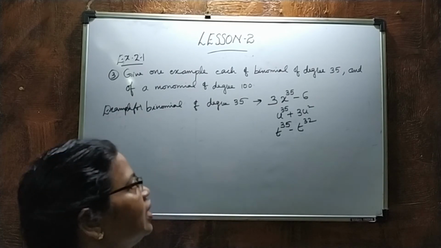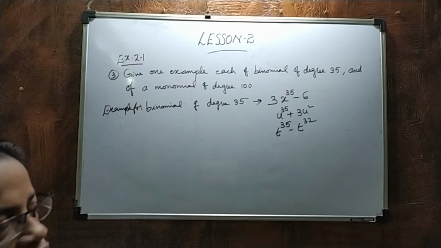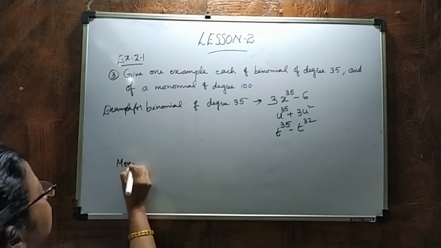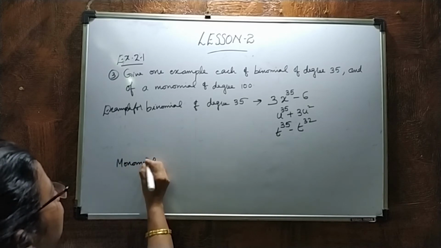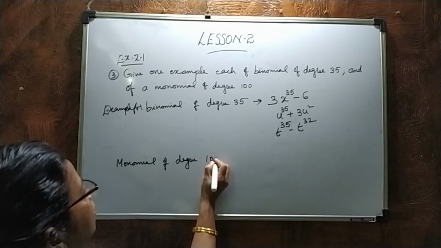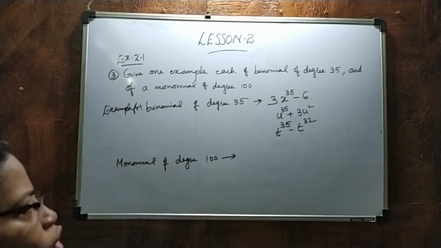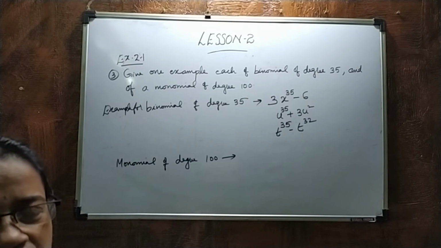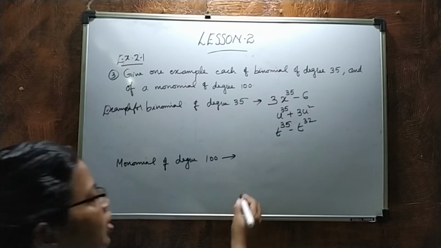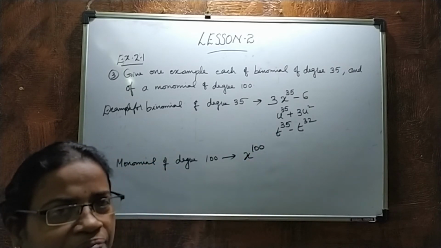Clear? Okay then. The next one, monomial of degree 100. You have to write an example. Monomial means only one term will be there, and that variable raised to 100 you have to write. If you write x raised to 100, no problem, that is an example.